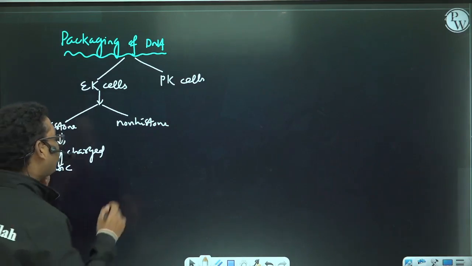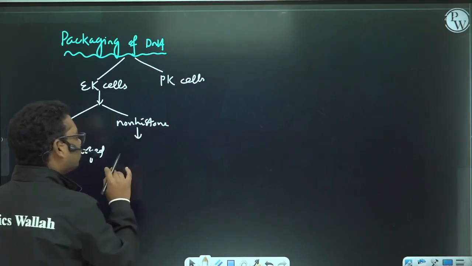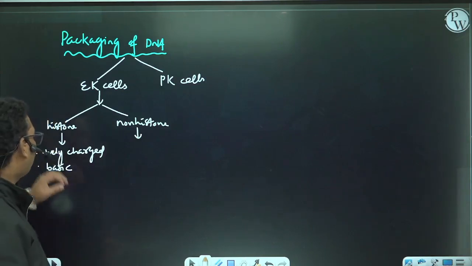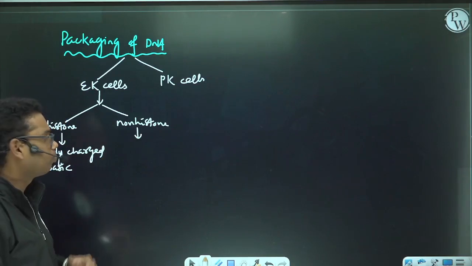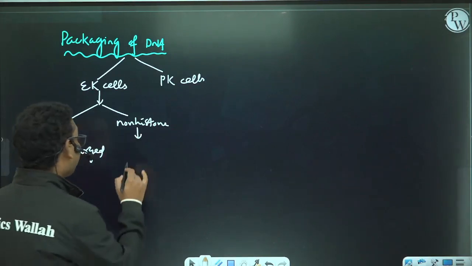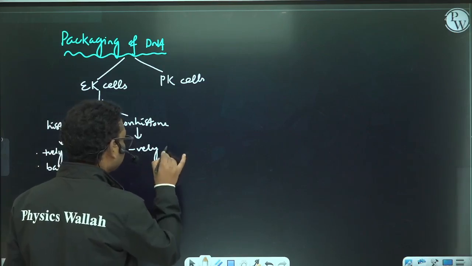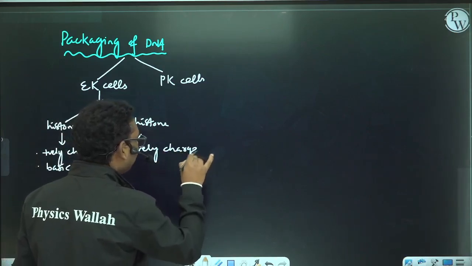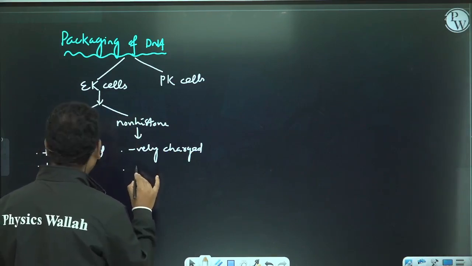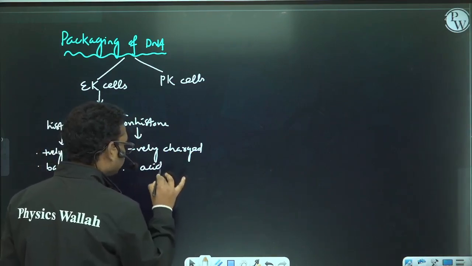What about non-histone proteins? When the DNA is packed, in the initial stage of the packaging only the histone proteins are involved. In the later stage, non-histone proteins are involved, and the non-histone proteins are negatively charged. Because they are negatively charged, they are called acidic proteins.